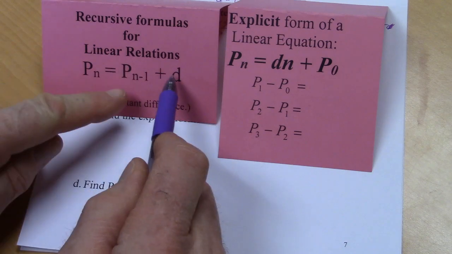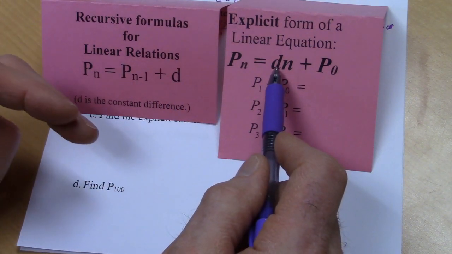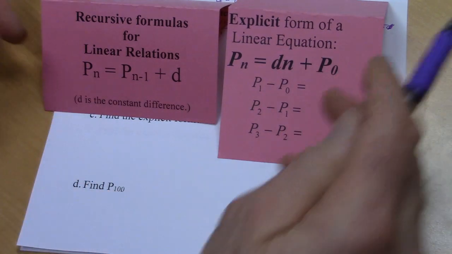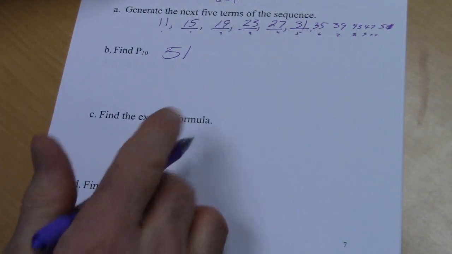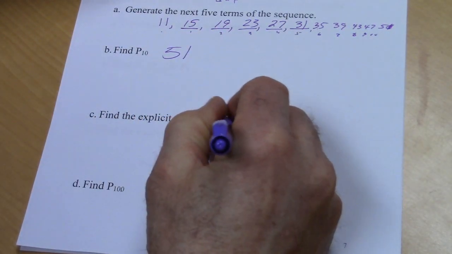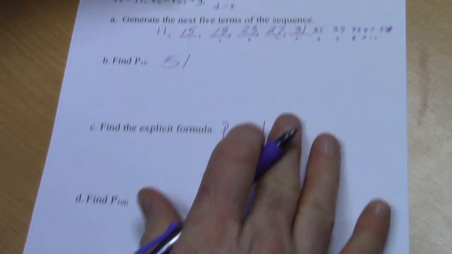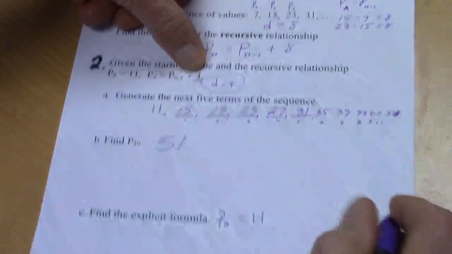If you know d, then you've got a pretty major part of your explicit equation already. And if you know p sub 0, which is the first term in the sequence, and in this problem they told us p sub 0 was equal to 11, and we could see by the recursive formula that d was equal to 4.